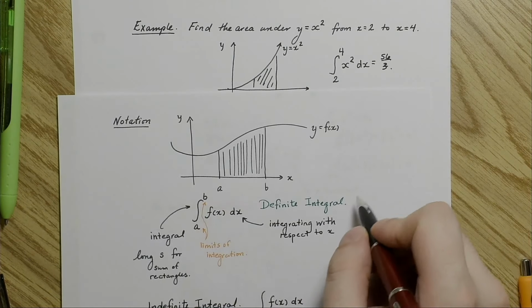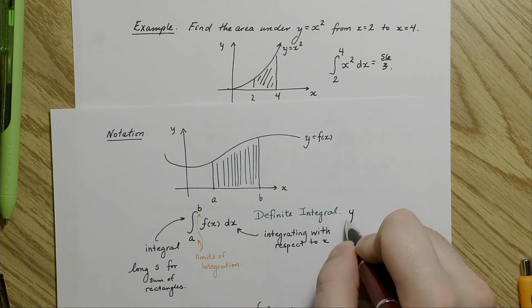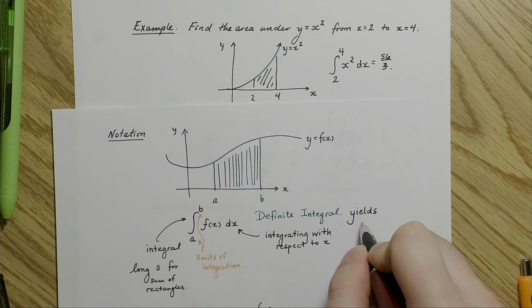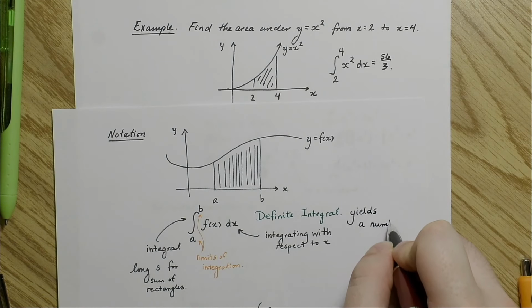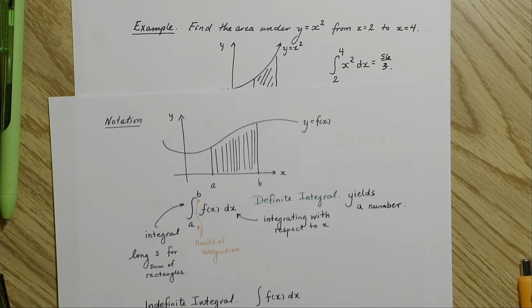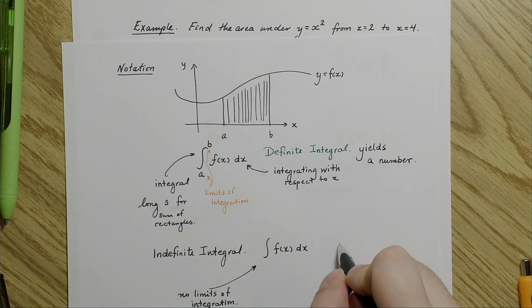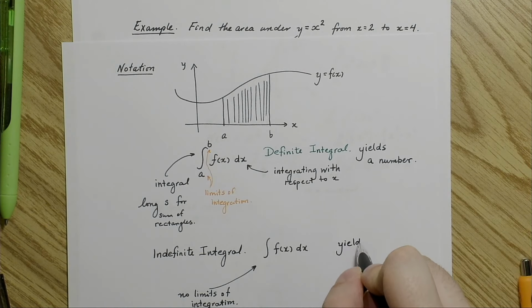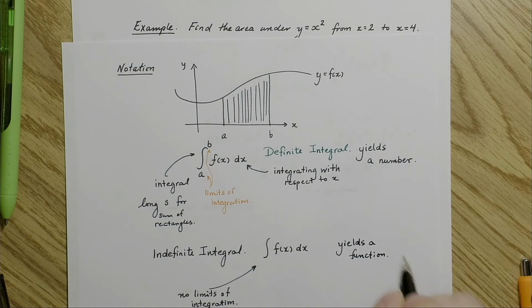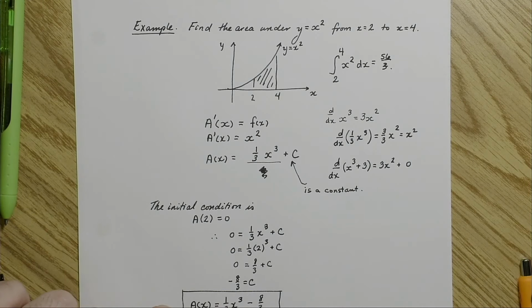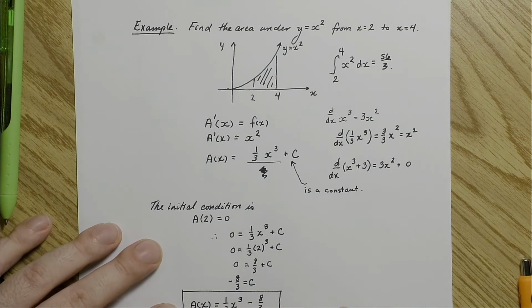So the definite integral yields a number. And in this case, without these limits of integration, this just yields a function, kind of like a generic function, kind of like this one right here. So this would be the indefinite integral.